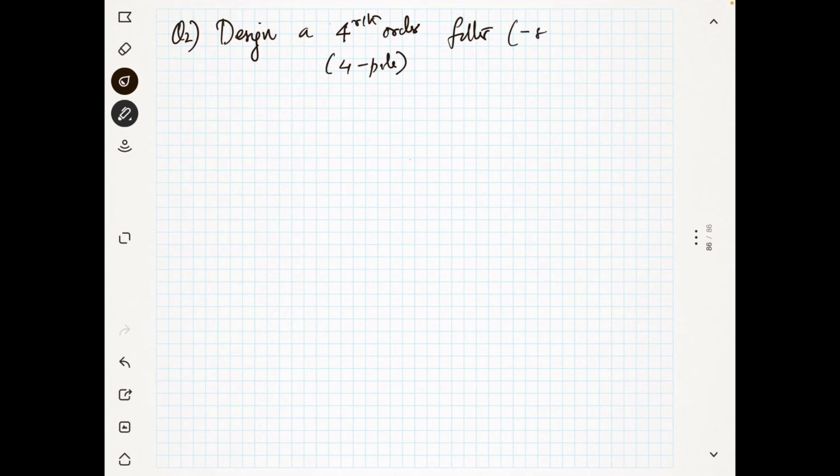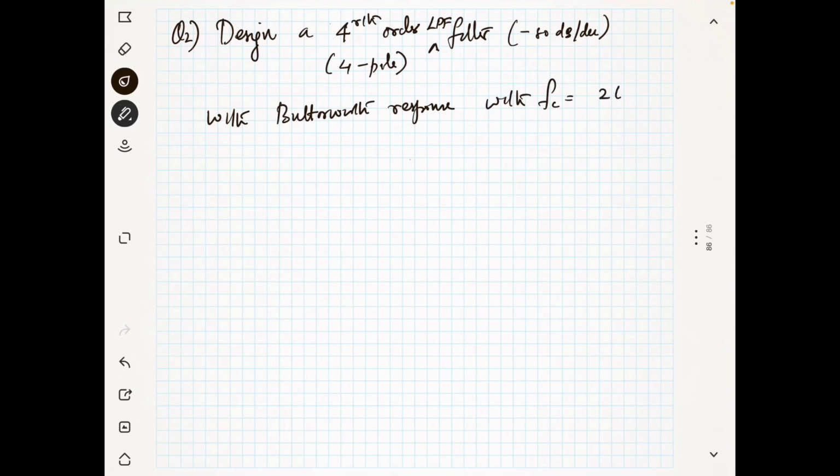That means it has minus 80 dB per decade as the roll off rate. A 4-pole filter with Butterworth response, and it is a low pass filter, 4th order low pass filter, with FC, the critical frequency, 2680 hertz.